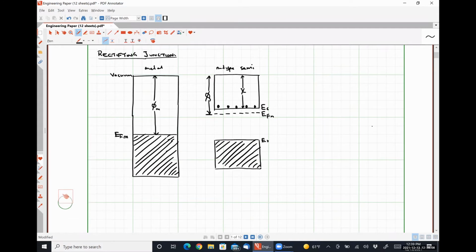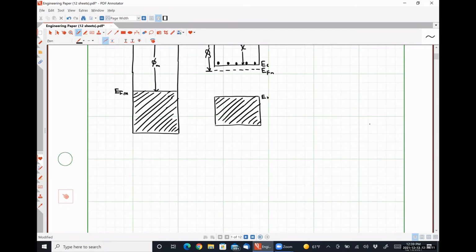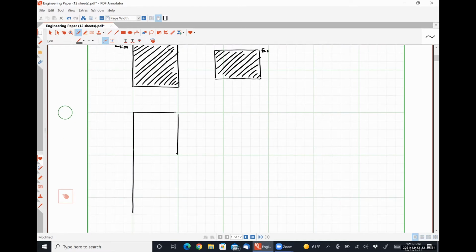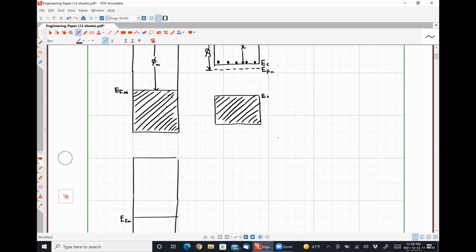So if I move these guys close together, here's E_F,M, and let's see, I made that guy 4 tall.